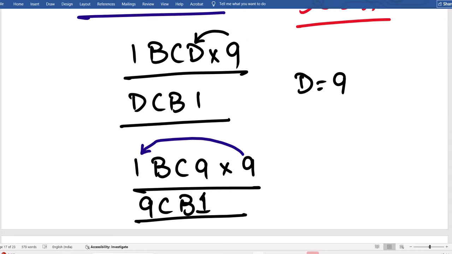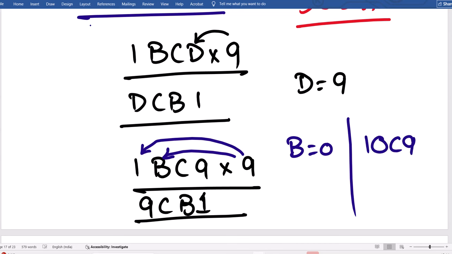It cannot be 1. It should be 0. 9 multiplied by B should not generate any carry. 2, 3, 4 and all will generate a carry. 1 is already used. So B must be 0. Then 10C9 multiplied by 9 should give 9C01. 9 into 9, 81.